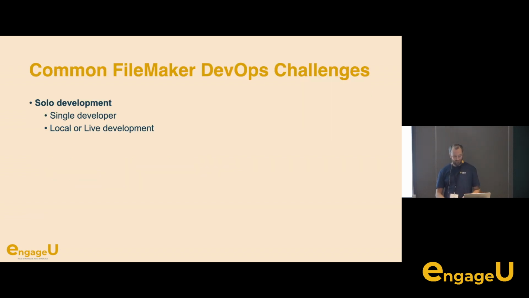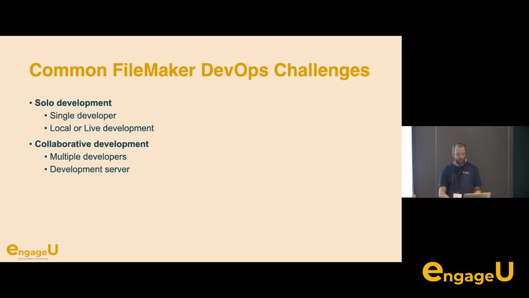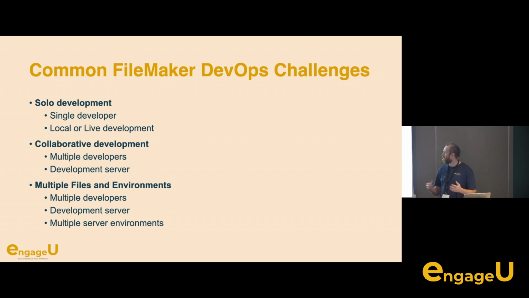So to look at these common challenges that you experience in FileMaker, I have three different categories, as I mentioned before. You might not agree with all of these scenarios. We're all different and we all have different FileMaker environments. But these are three categories. The solo development, where you're a single developer and you might do local or even live development.